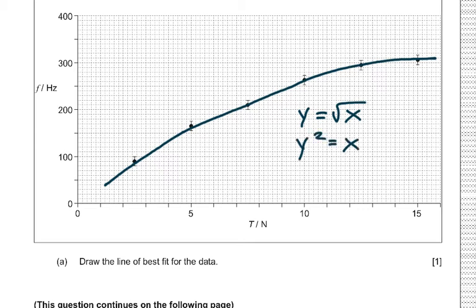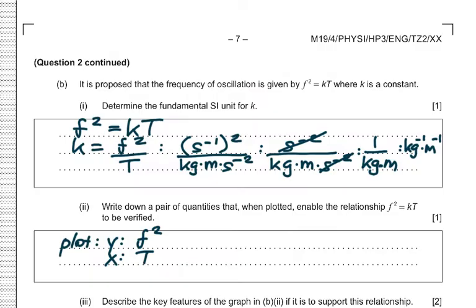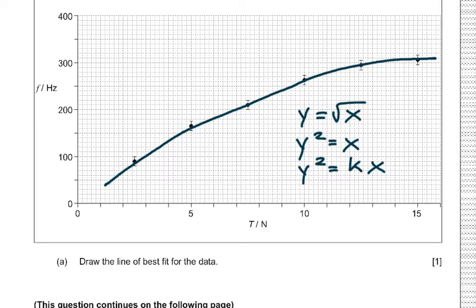And actually, we don't really know the slope of that. y squared equals x implies that the slope is 1, so really it's y squared equals some constant times x, which is what the question says on the next page. This is where they're getting that the frequency squared equals a constant times the tension.